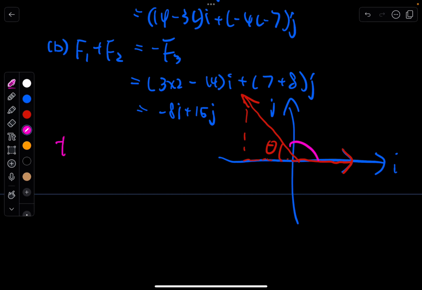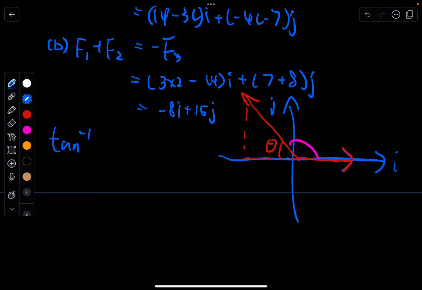So the expression is theta equals tangent inverse of 15 over 8, and we get 61.93, around that value. And you see this angle is less than 90 degrees, right?